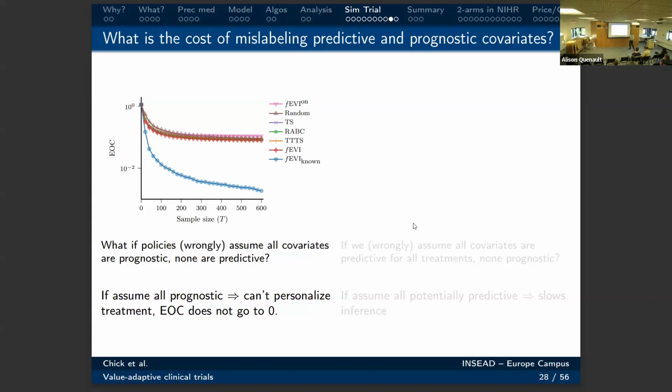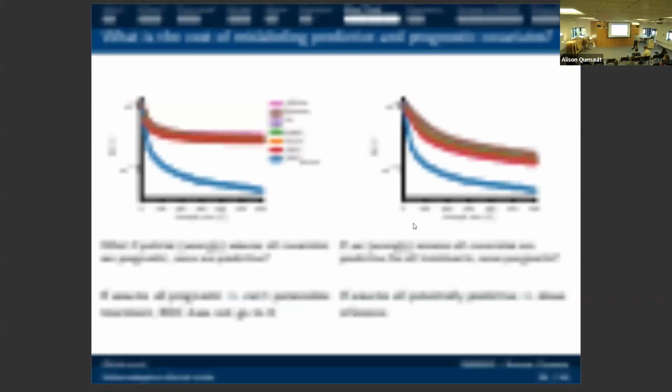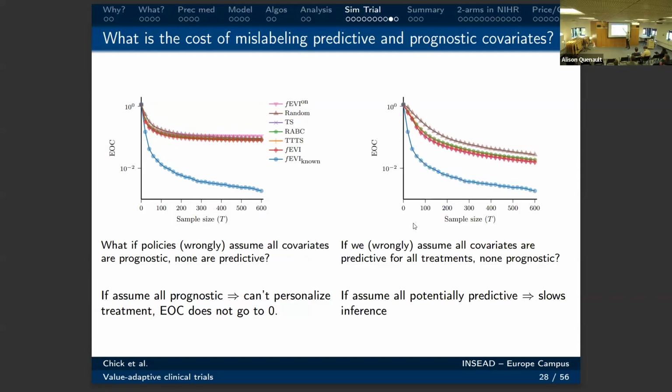In this particular example, I'm saying, what if we wrongly assume that all covariates are prognostic and none are predictive? Well, none of them can get that regret to go down to 0 as we increase the sample size. If everything is incorrectly assumed to be predictive, we will ultimately learn it. It's just going to be much slower at getting to the answer. And so these curves are much higher as a result.